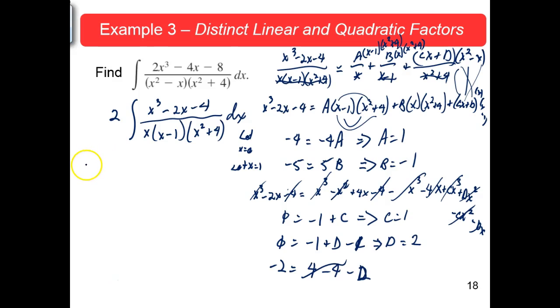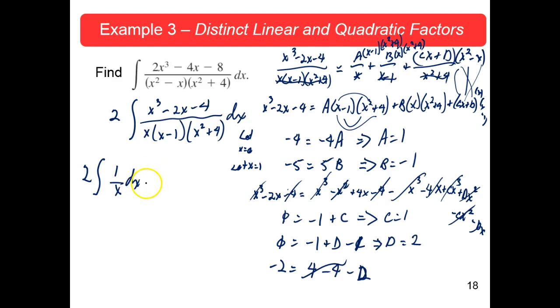So let's see what we got now. 2 times the integral. Okay, go back to your original thing here. The integral of a, which is 1 over x, that's 1 over x dx. Okay.